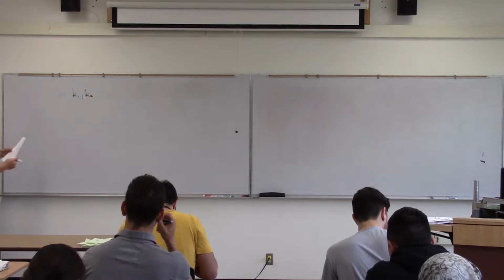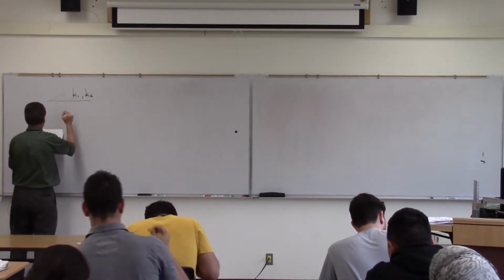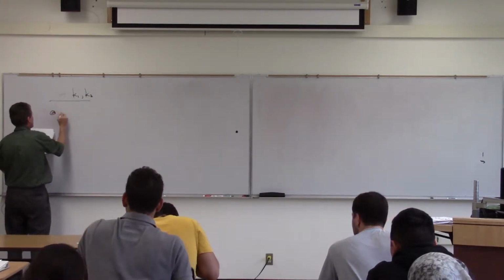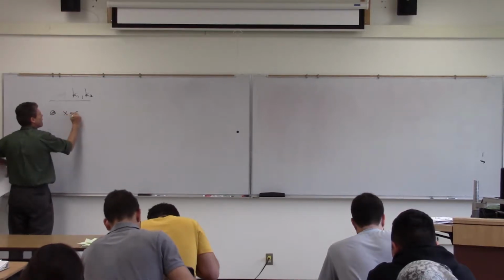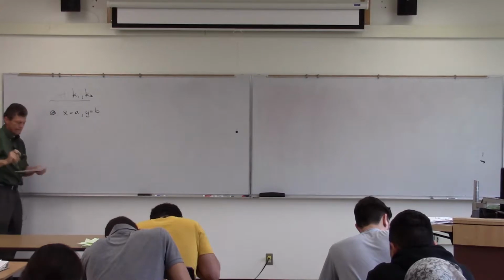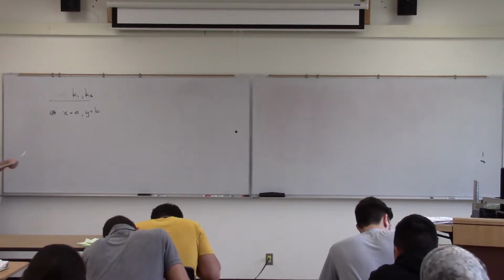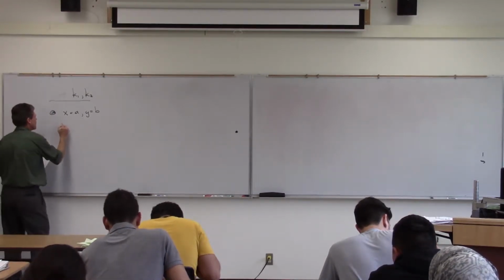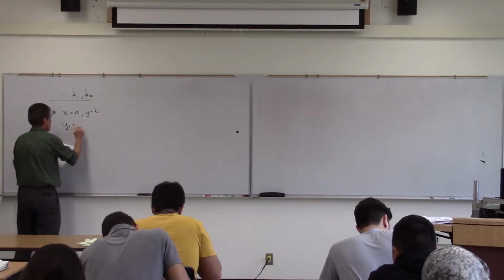Okay, so our first step is we're going to get our K1 and our K2. And again, as I said, we know that particular point, so we can plug that into our equations.